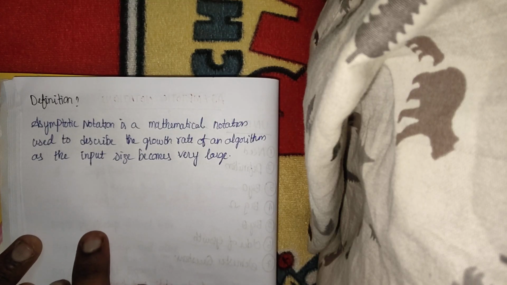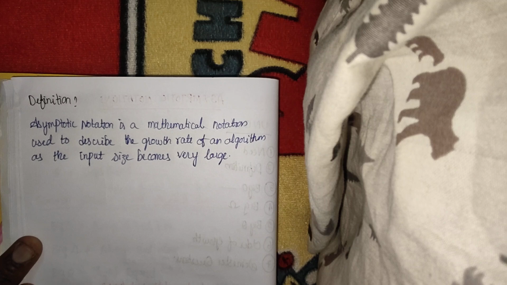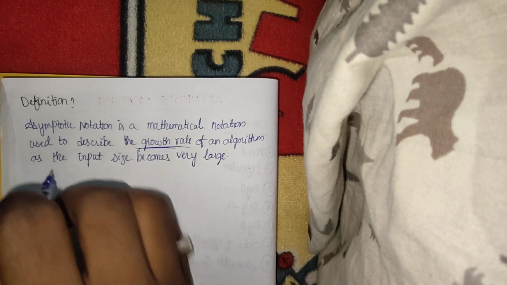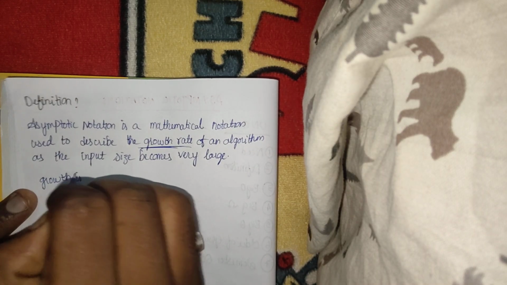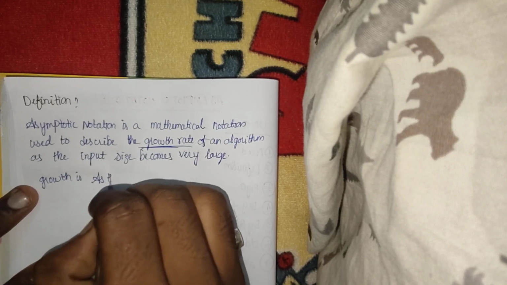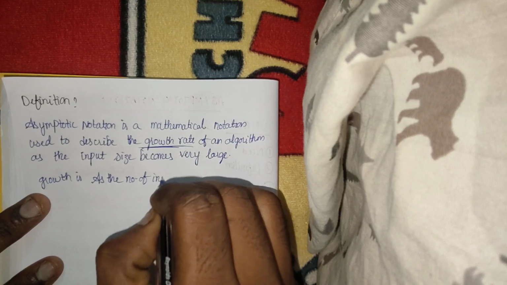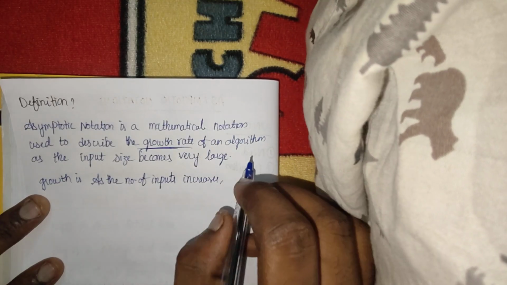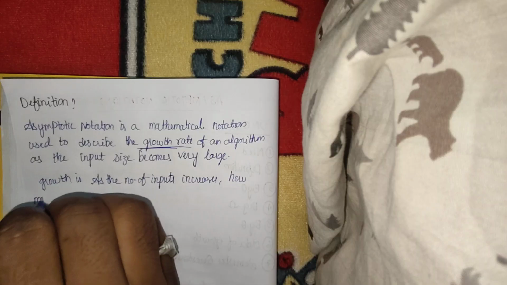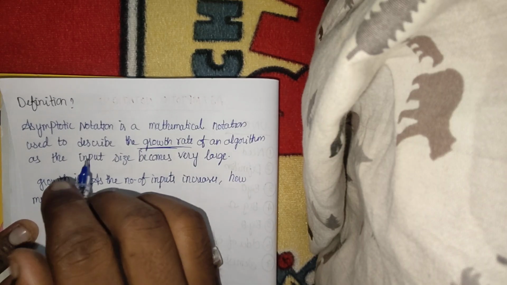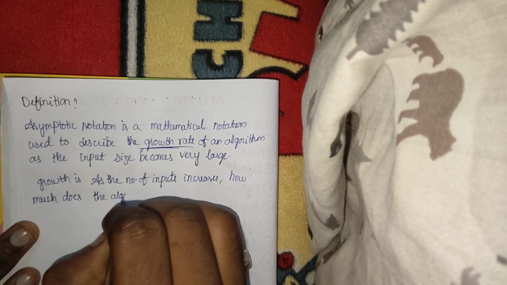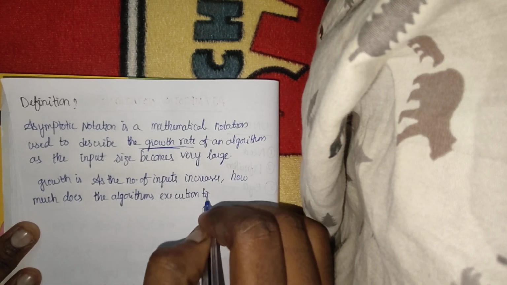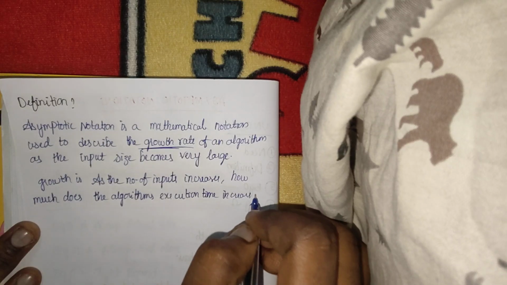The word growth means: as the number of inputs increases, how much does the algorithm's execution time increase.